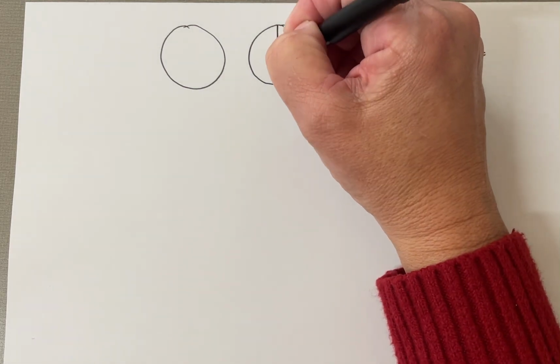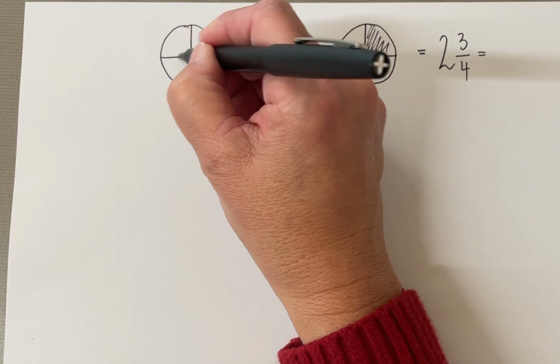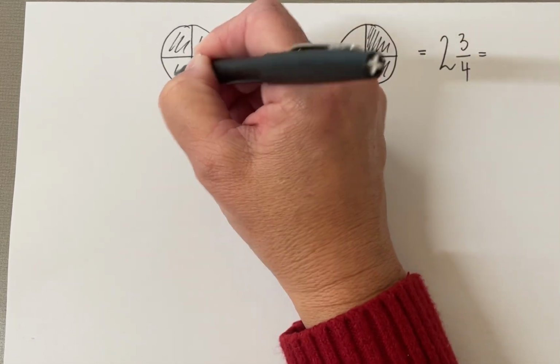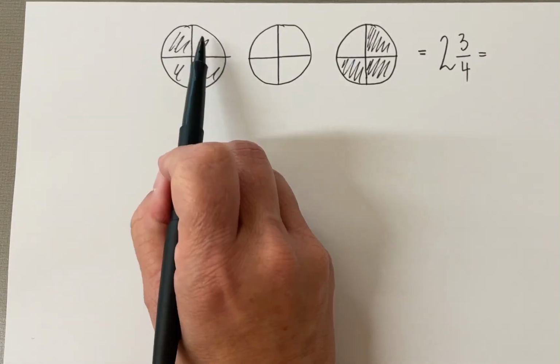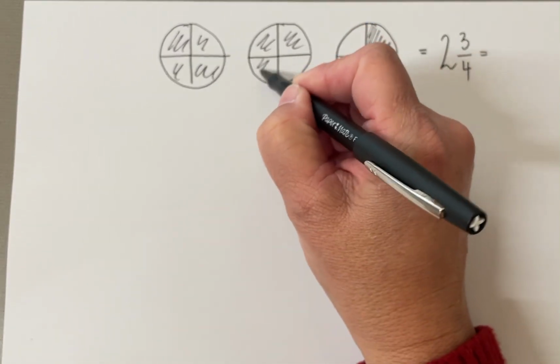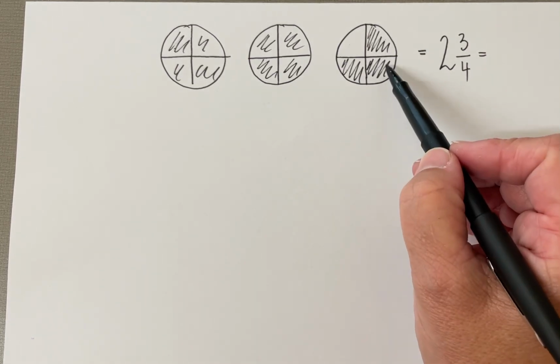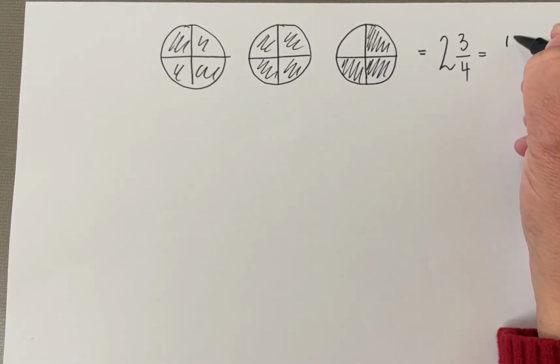So if you wanted to know how many quarters 2 wholes was, you would count 1, 2, 3, 4, 5, 6, 7, 8. That's going to be 8 quarters, 9, 10, 11. So this is 11 quarters.